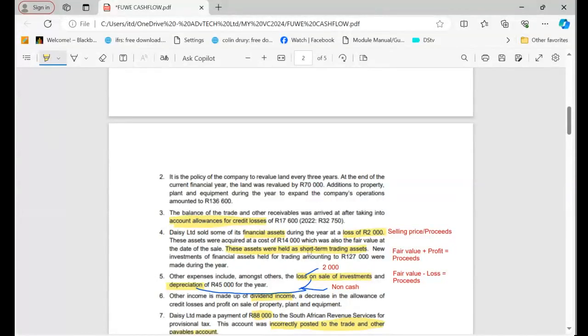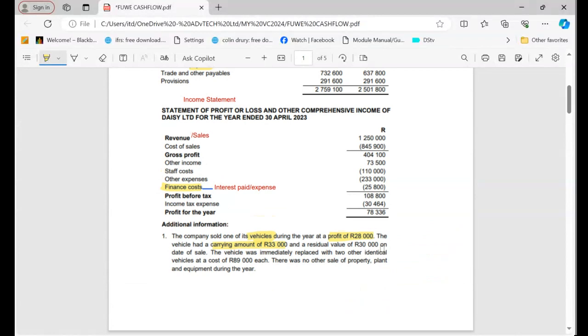Same thing. Which formula do you think I'm going to use here between the two on that number one? Because I want to find my proceeds. The first one, fair value plus profit. Yes. Remember, fair value here is represented by the carrying value. So we are going to find the profit.